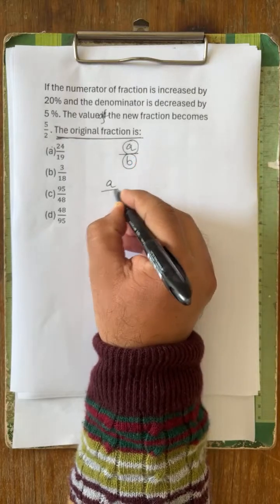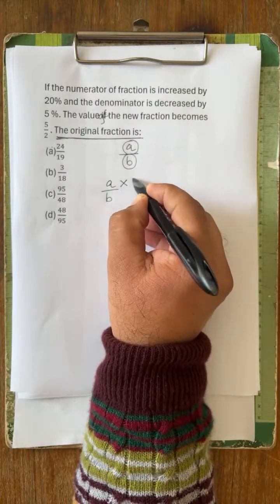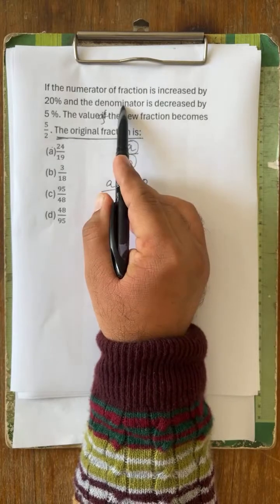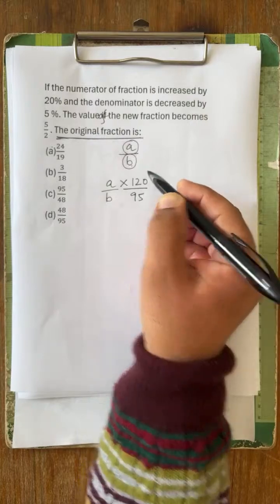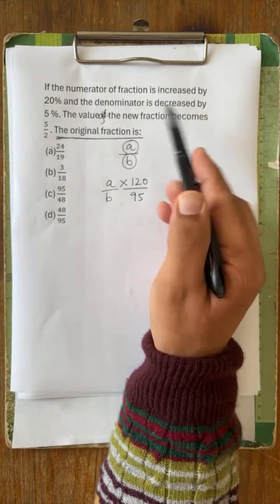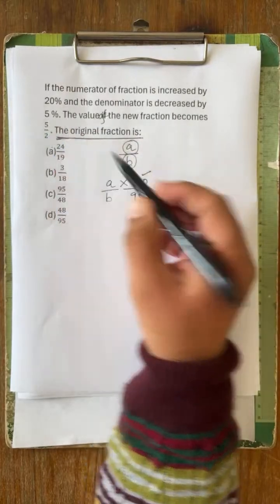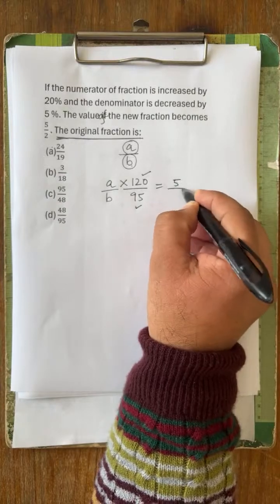The numerator is increased by 20%, so we multiply by 120. The denominator is decreased by 5%, so we multiply by 95. This I am getting from 100 plus 20 is 120, 100 minus 5 is 95. Now this fraction becomes 5 by 2.